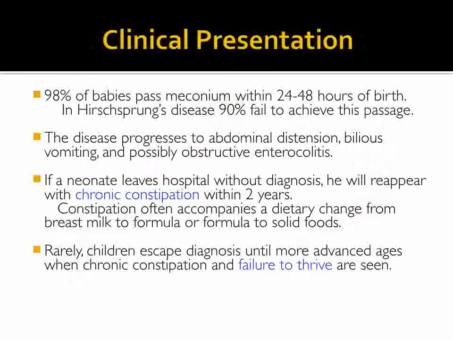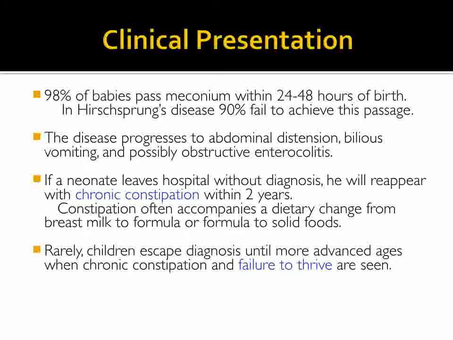These babies usually present clinically with failure to pass meconium within the first 1 or 2 days, and in Hirschsprung disease, 90% of babies fail to pass meconium. The disease progresses to abdominal distension, bilious vomiting, and possibly obstructive enterocolitis. Enterocolitis means inflammation of the intestine as a result of partial obstruction that leads to stagnation of the intestinal secretion and secondary bacterial action.